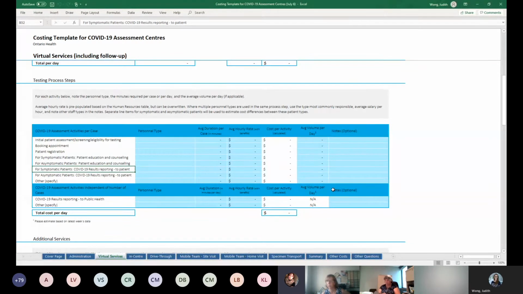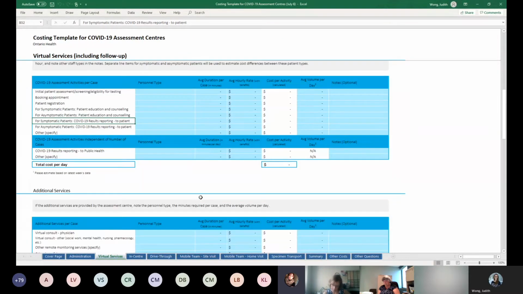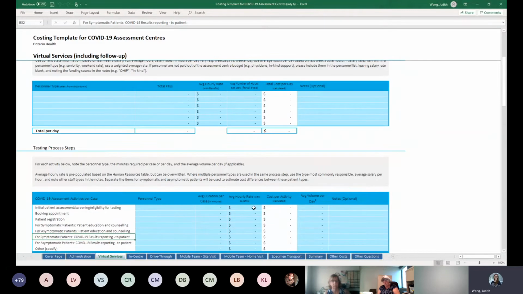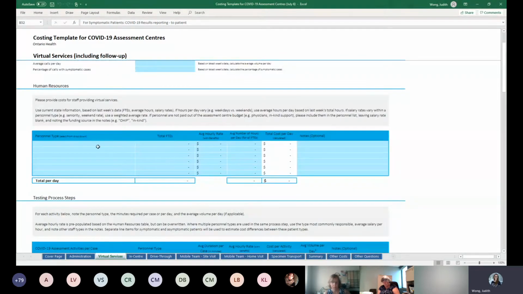Sorry about that. Next question, what if there are no additional costs as staffing, rent, supplies are already funded by another means? Are we only calculating uncovered costs? Yeah, absolutely. That's a great question. So for staffing, as I mentioned, please do include the FTEs and the hours in these tables so that we know what staff you have, even if you're not paying for them.